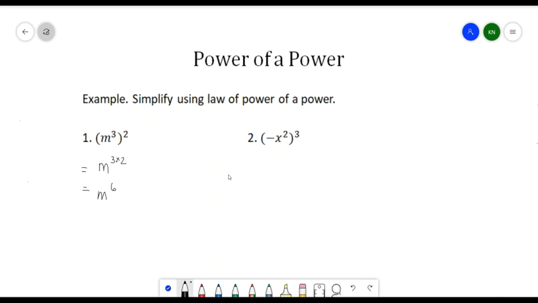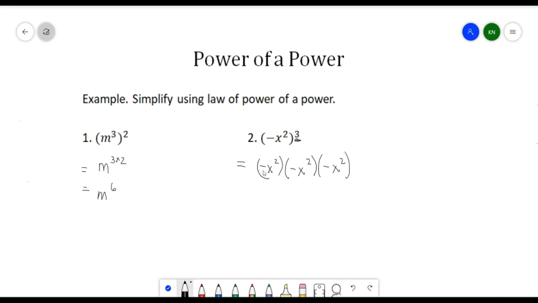For another example, we have negative x squared raised to the cube. So as we know, this is equivalent to negative x squared, and then negative x squared, and then negative x squared, right? Because this is raised to cube.